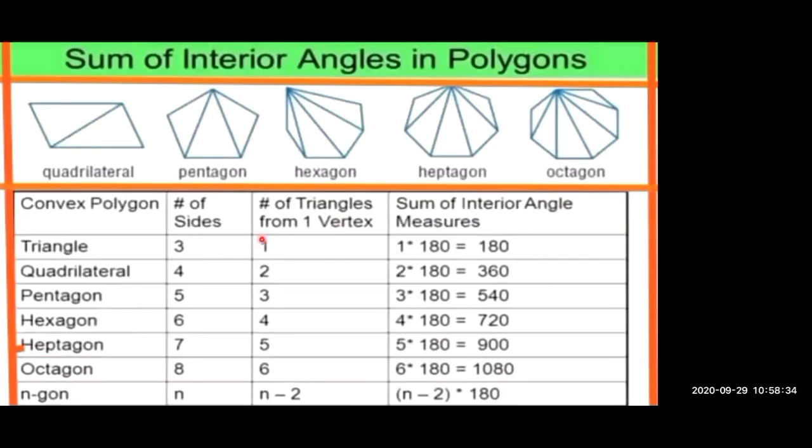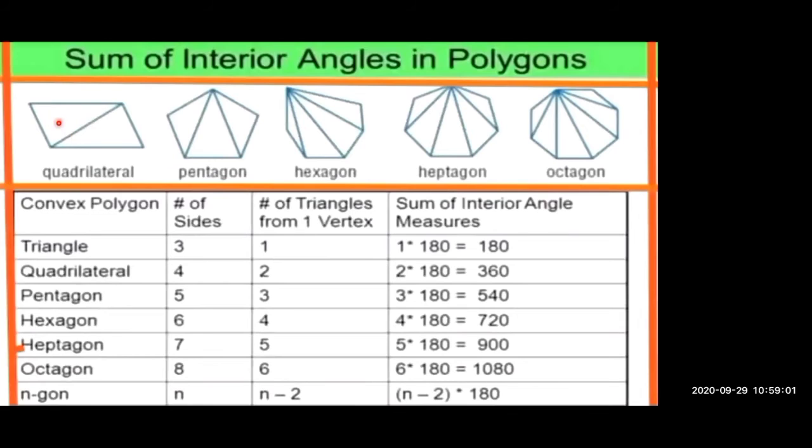And triangles from one vertex is 1. Sum of interior angle measures 1 into 180 equals 180 degrees. Second is quadrilateral. Number of sides are 4. 1, 2, 3 and 4. Yes. And number of triangles from one vertex.